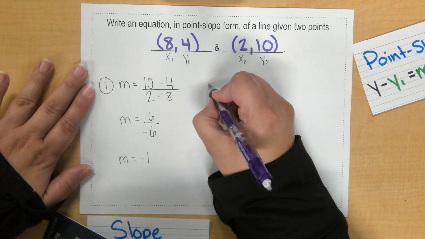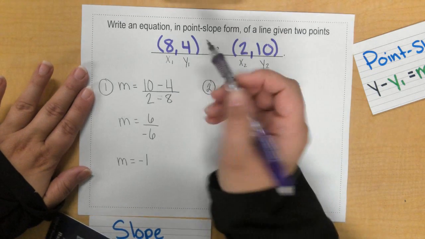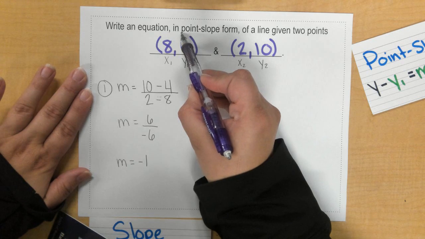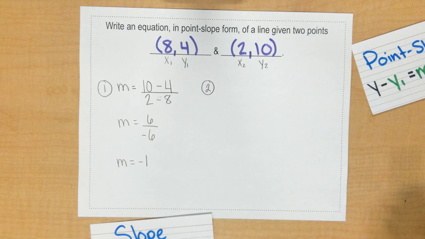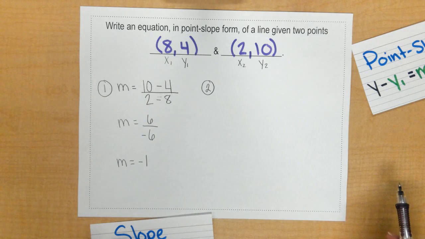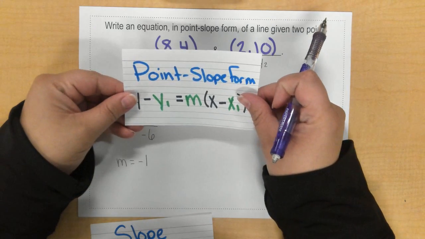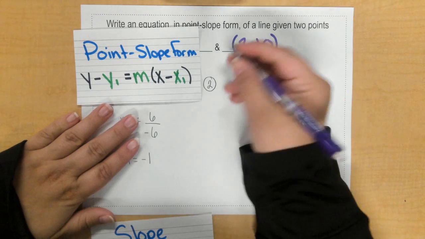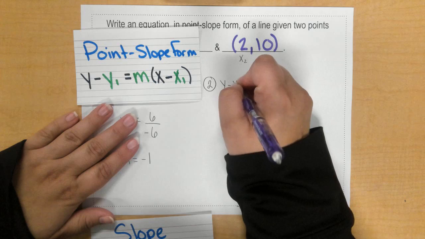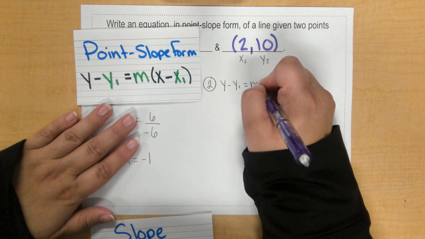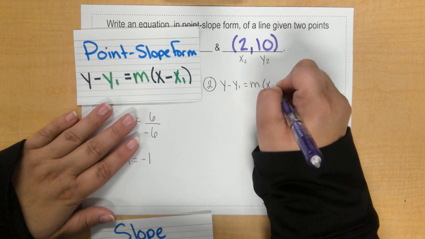So step 2, it tells us here that we want to write this equation in point-slope form. So if I want to write this equation in point-slope form, then I need to worry about this here. So I'm going to use this formula, y minus y1 equals m times x minus x1.